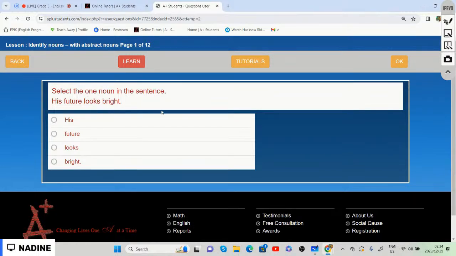His future looks bright. Is it his? Is it future? Is it looks? Or is it bright? We need to select the abstract noun within that sentence.